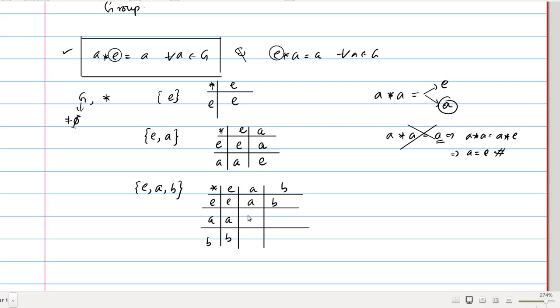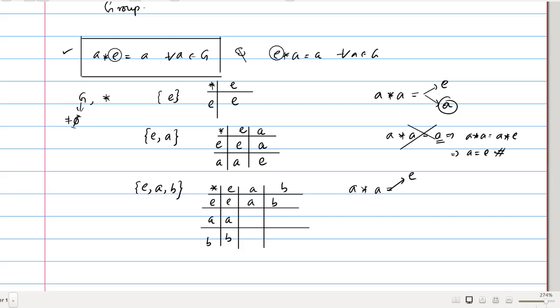In order to fill up this box, we need to verify that A star A has three possibilities.